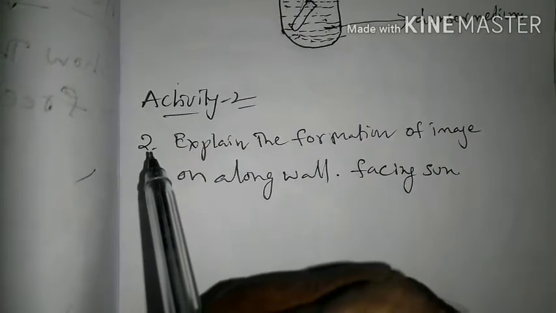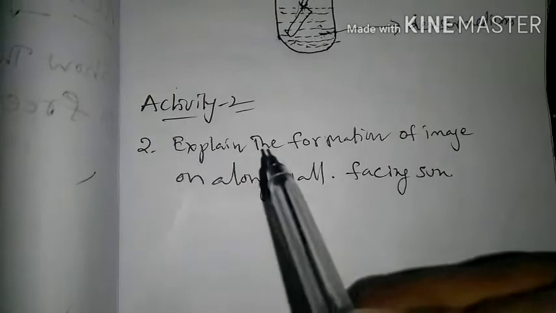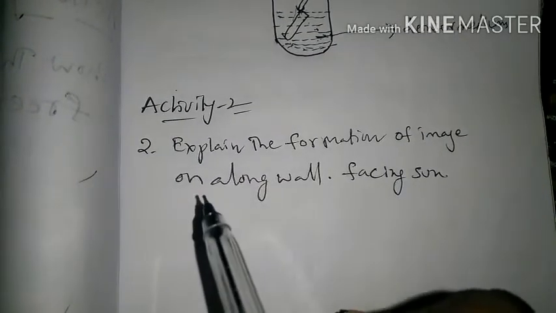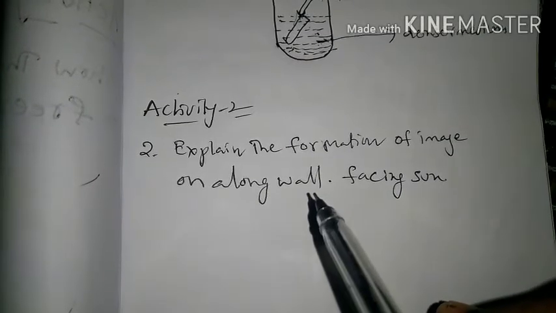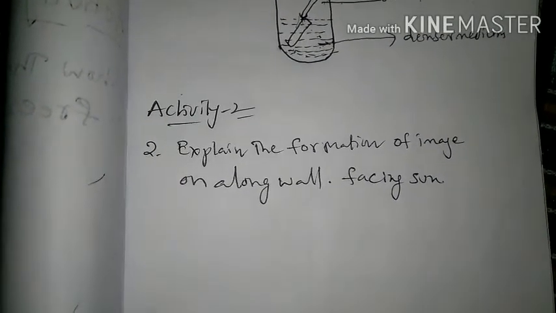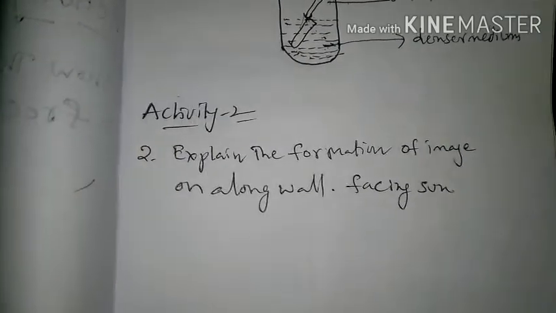Question number 2: explain the formation of an image on a long wall facing the sun. This is the question.